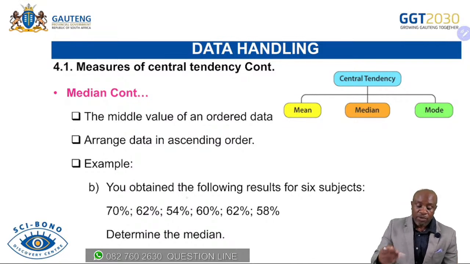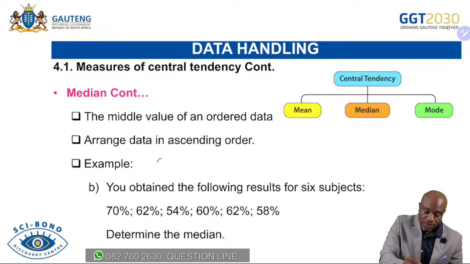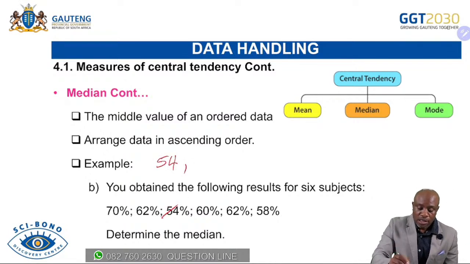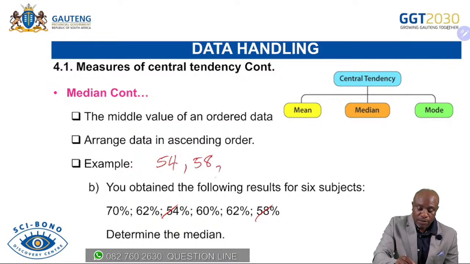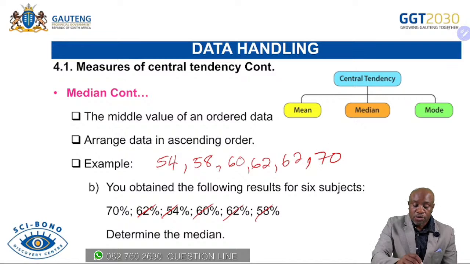We'll do the same. Start with the lowest number, 54. I cross it out. And the next number is 58. And the next number is 60. And I repeat my 62s. Right, 2 of them. And my last number is a 70. So there we are.